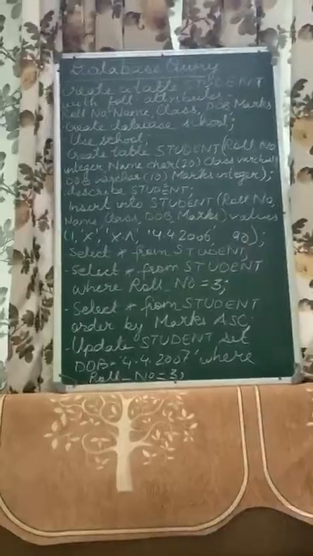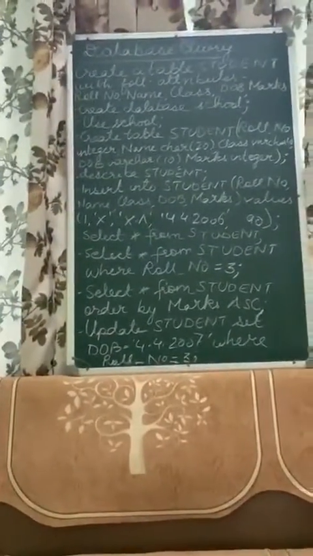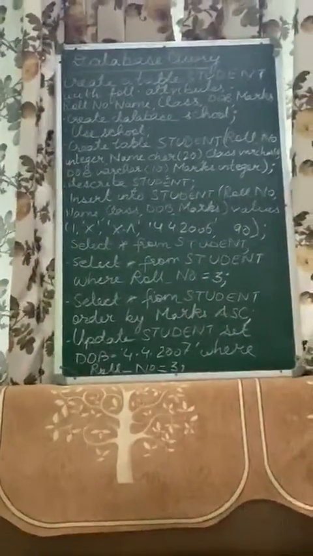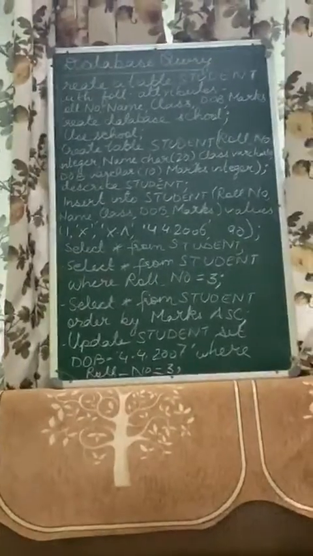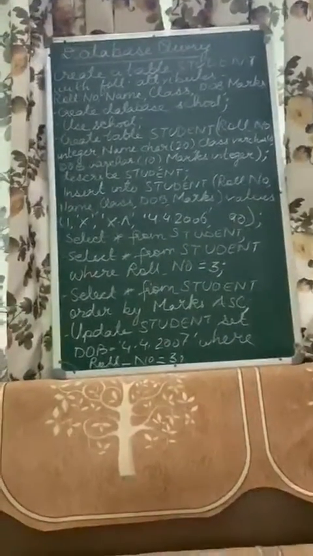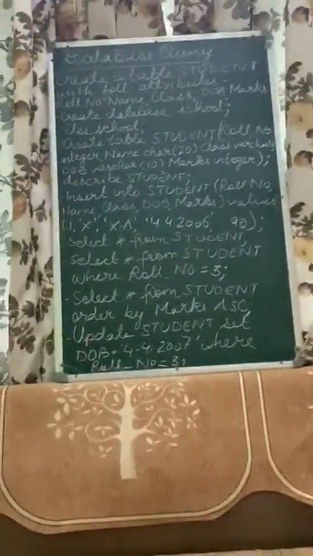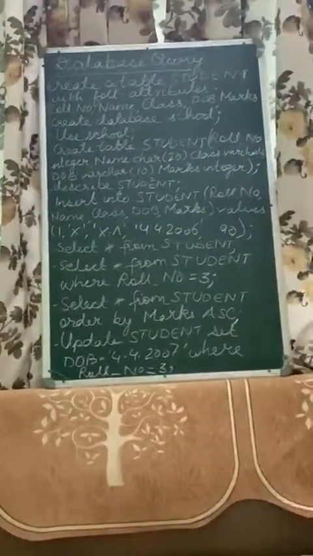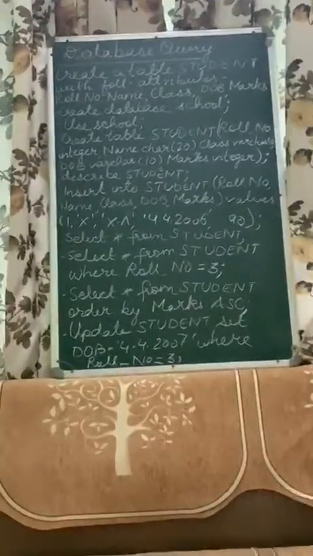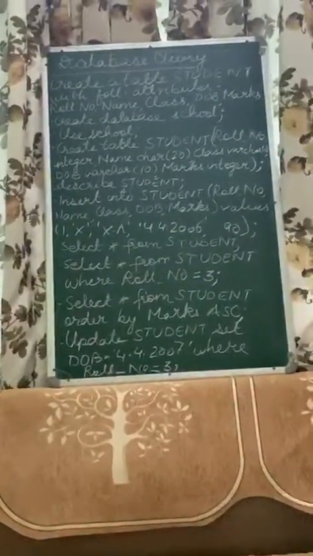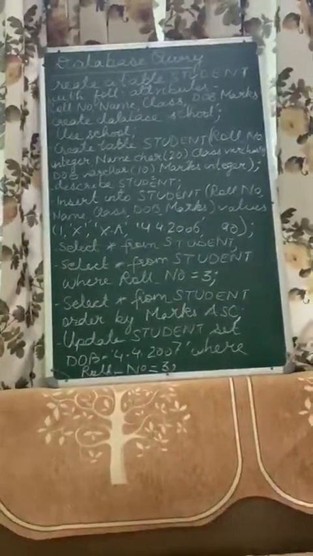You can correct it using the update command. So: update the table name, set the column name which needs to be updated, its new value, and then the primary key, that is roll number. This way you can update the entries in the table using the update command.